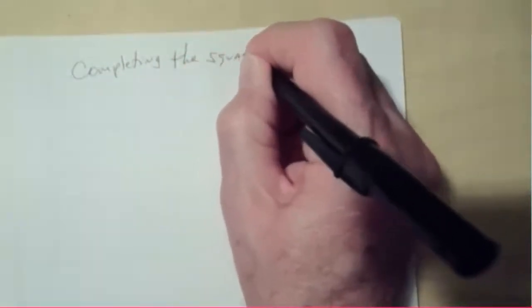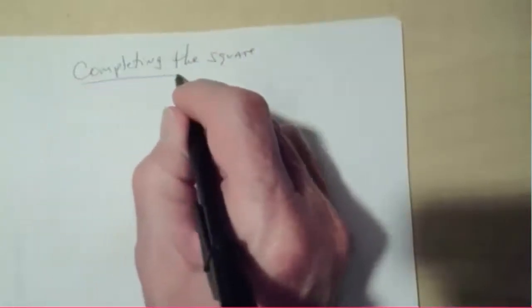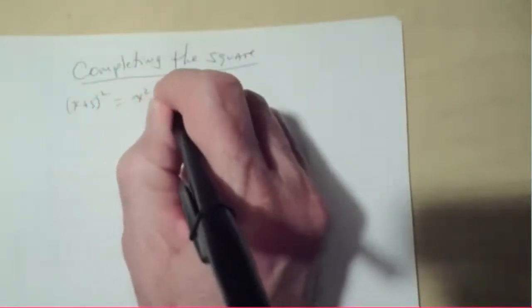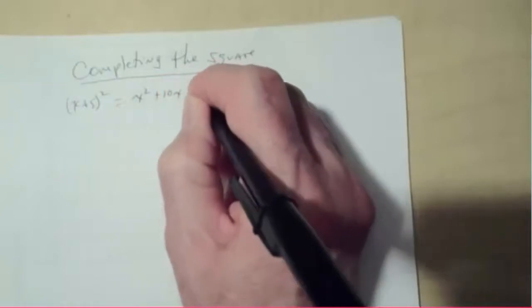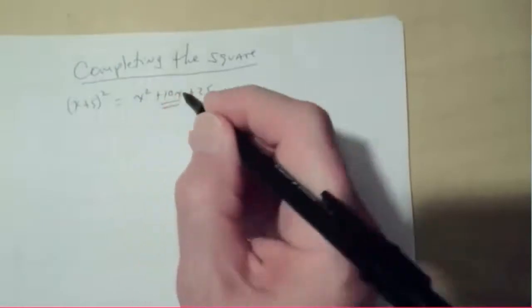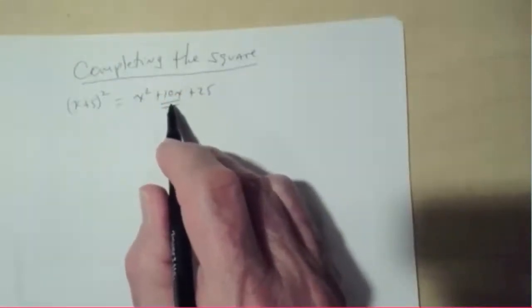Okay, completing the square. Okay, if we had x plus 5 all squared, this would equal x squared plus 10x plus 25.